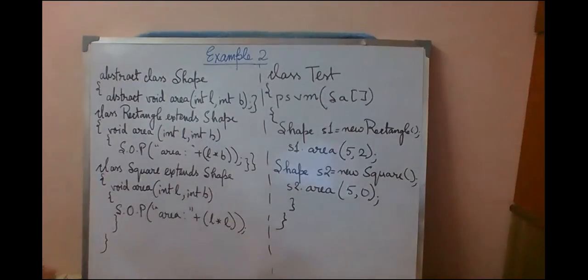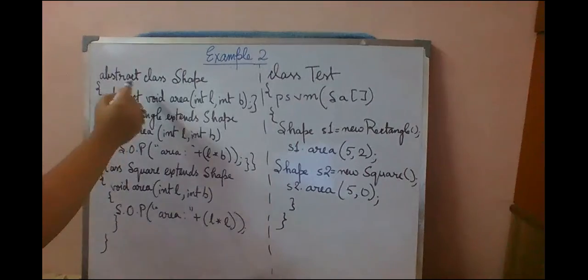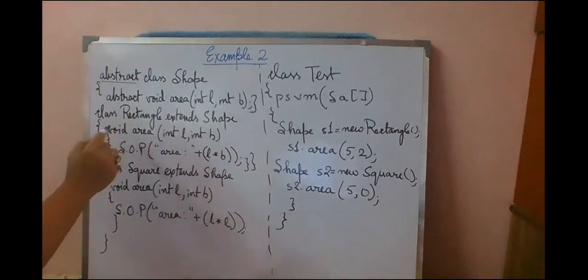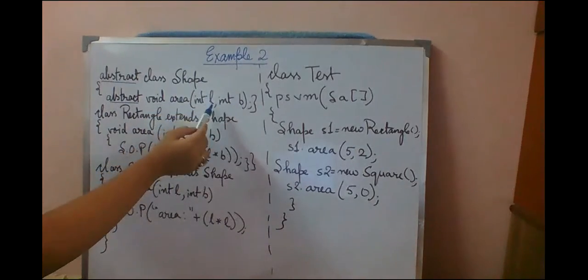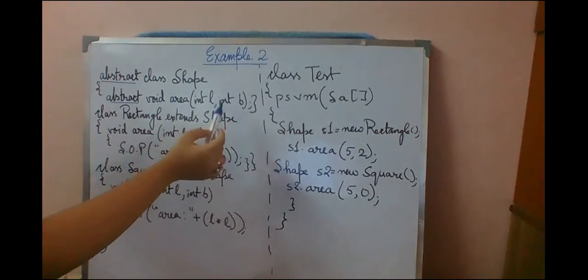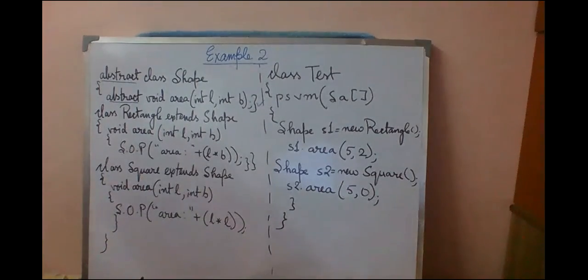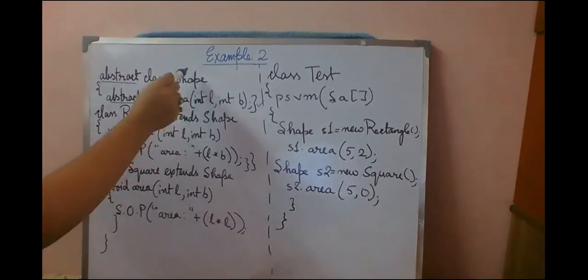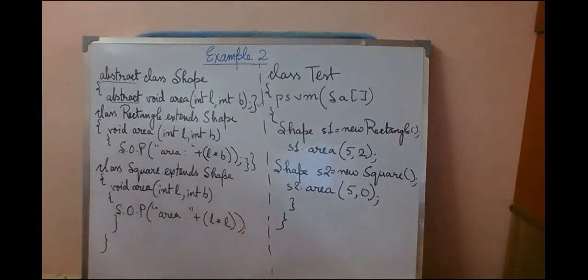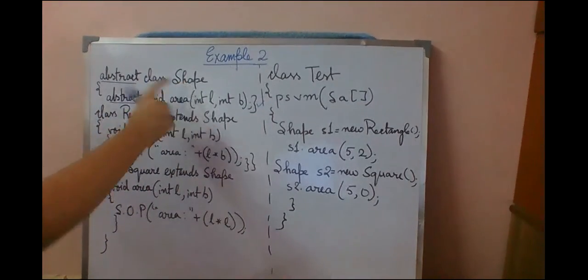So this is our example 2. In this example, inside an abstract class Shape, we have created an abstract method area which has parameters int L and int B, and we have closed this abstract class here. Next, inside class Rectangle, we are extending this abstract Shape class, so Rectangle becomes a subclass of Shape.